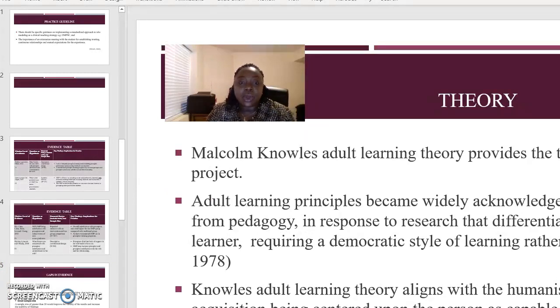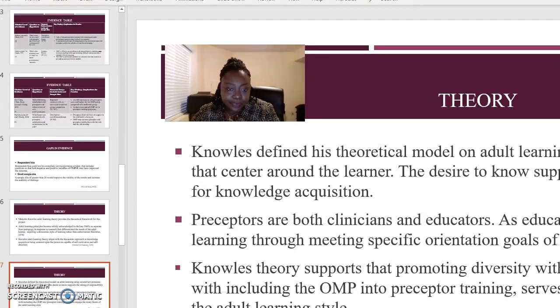So the theory for this process is the Malcolm Knowles Adult Learning Theory, which provides a theoretical framework for this project. According to this theory, adult learning principles became widely acknowledged in response to research that differentiates the needs of the adult learner, requiring a democratic style of learning rather than an authoritarian style of learning. The theory defines preceptors as both clinicians and educators.